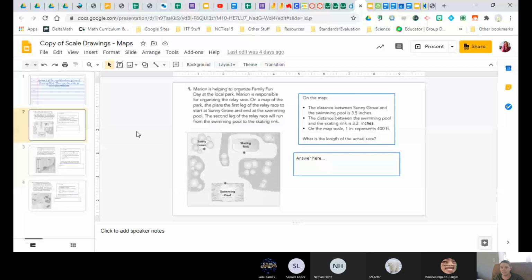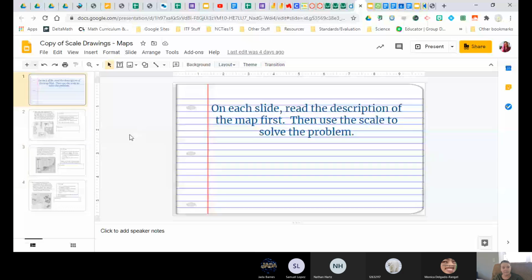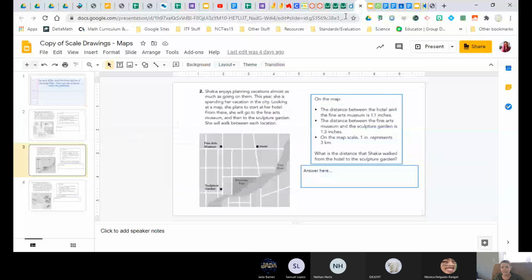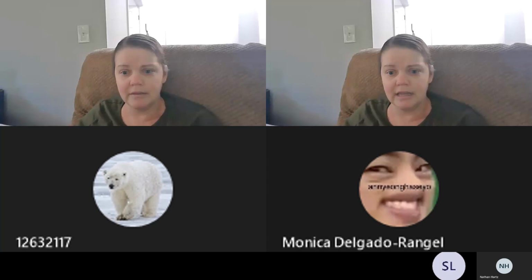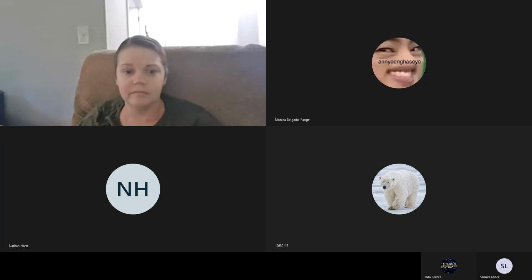Like slide 2 says, what is the length of the actual race? It's not from one point to another. It wants to know in total, how far did you go? So that's one of those problems you're going to add on. And then when you're finished with that, you do have an IXL that you're going to complete, just one today. Any questions about your assignment for today?